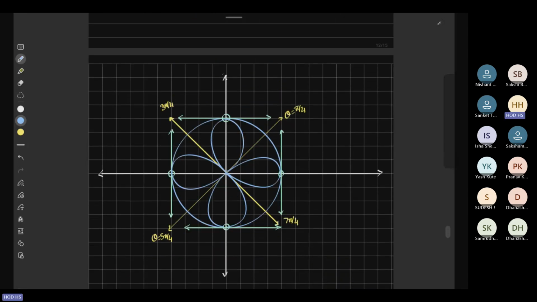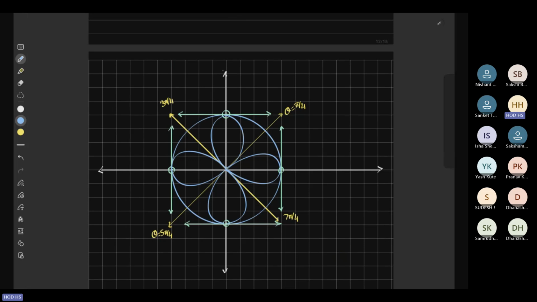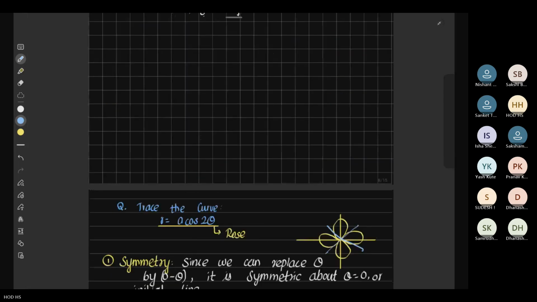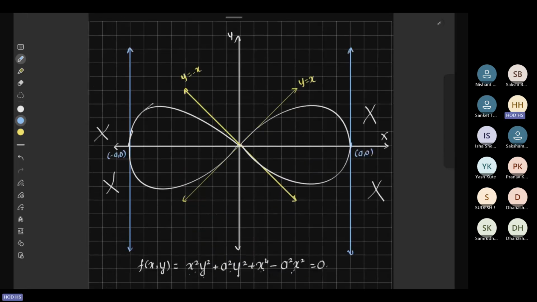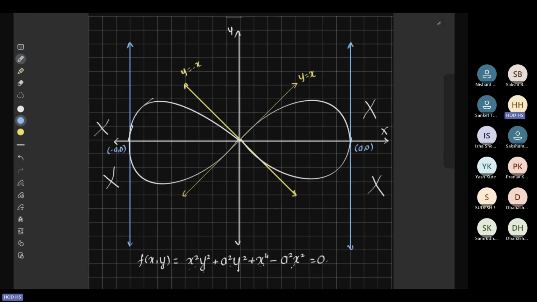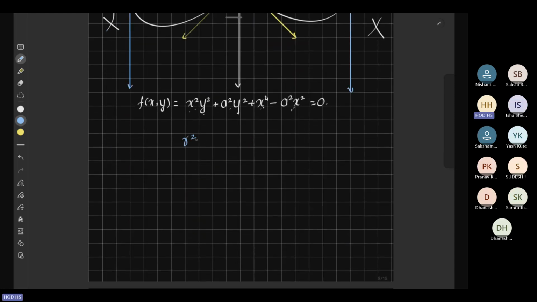So this was the last graph that we have drawn for the rose curve, and the lemniscate of Bernoulli was the first graph. Notice that this is a similar graph, or this equation is actually r square is equal to cos 2 theta. Yeah.